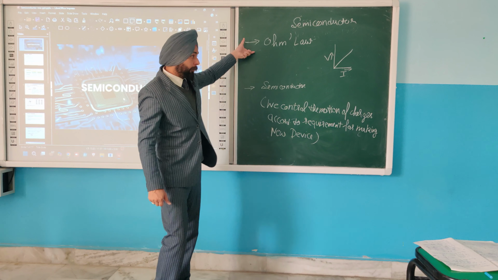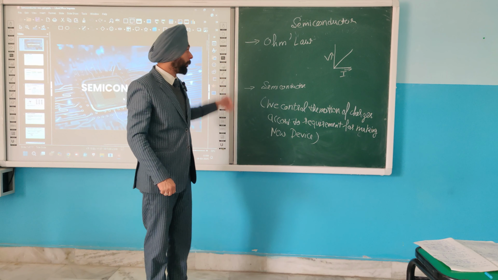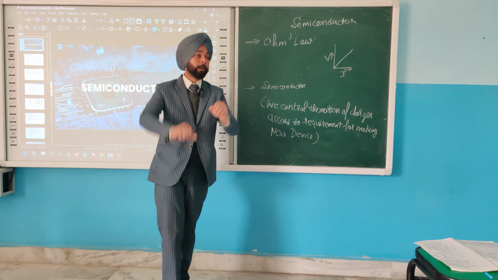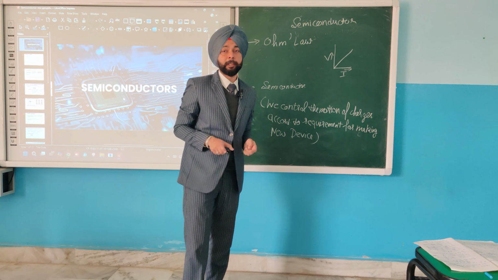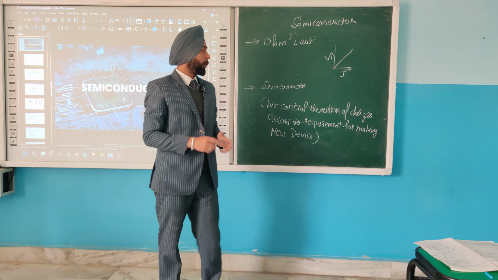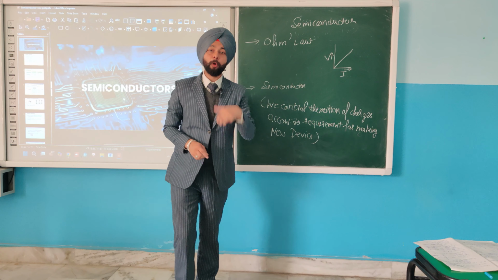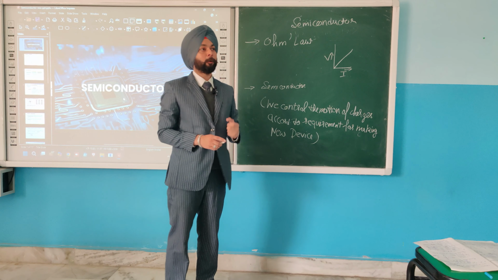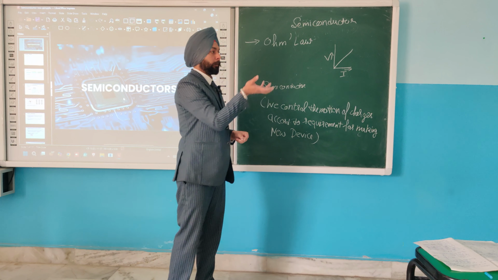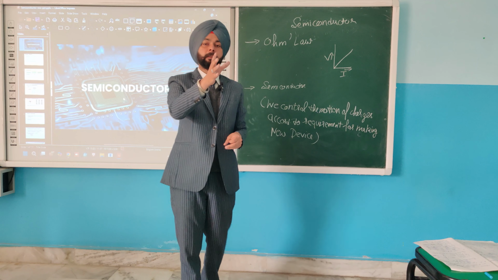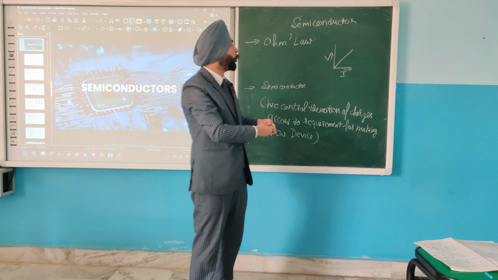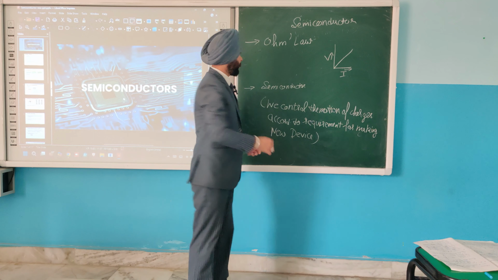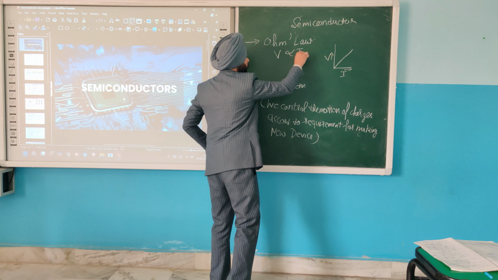These are the key points. Now we will explain one by one. First thing, in current electricity, in 10th grade, you have learned what Ohm's law is. Basically, according to Ohm, a scientist, potential is directly proportional to current.